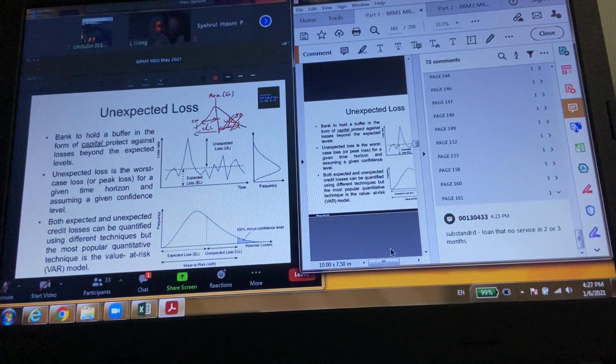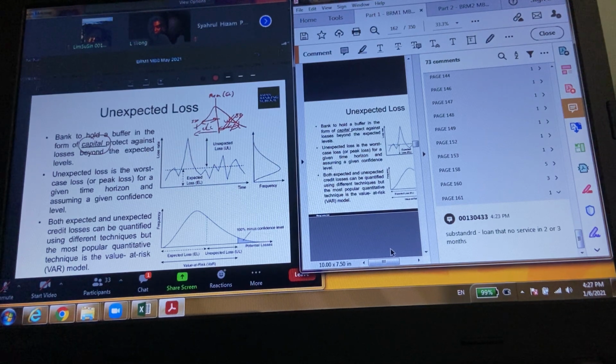The difference is, for unexpected loss, you provide capital. Capital means you cannot use your profit to set aside. You must come out with money from your own pocket to provide for it. It means the bank must raise its capital to provide for this unexpected loss.